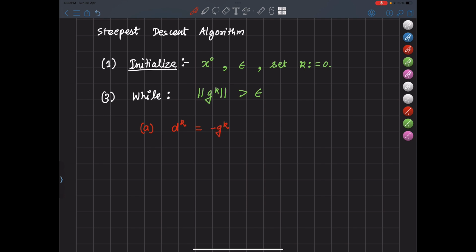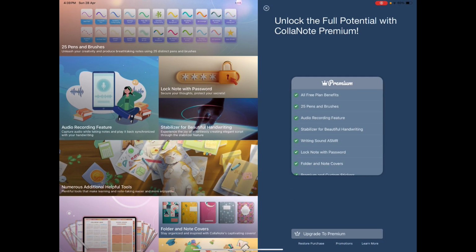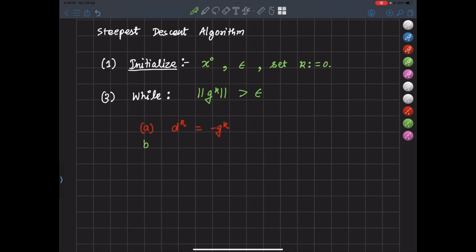This is basically the main algorithmic step, that is selecting the steepest descent direction. In the next step, we have to choose the step length.